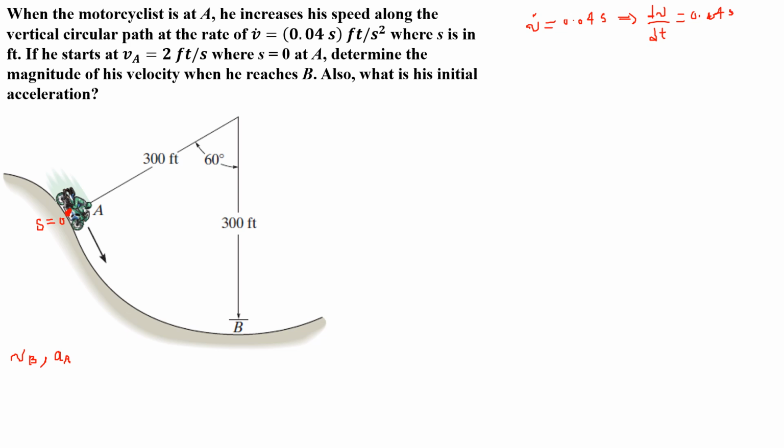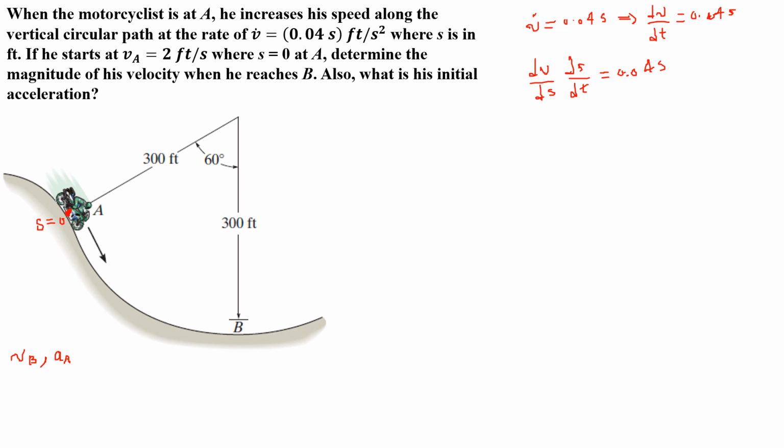Now I can use the chain rule to introduce my new variable s, since it is suitable to choose s here. So I have dv over ds times ds over dt, equal to 0.04 s. And ds over dt is simply v.